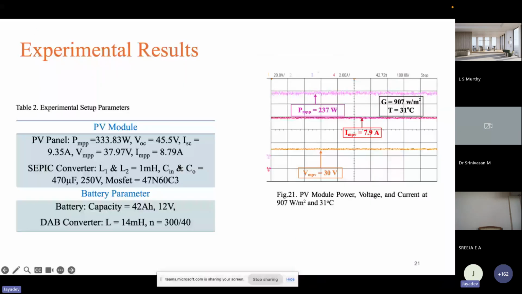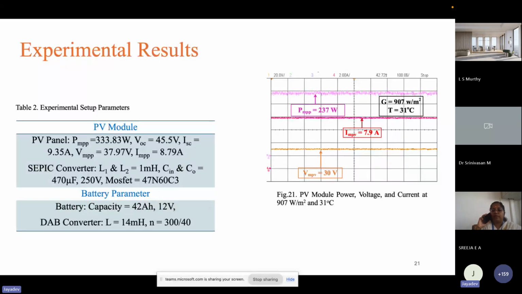And in this setup, we have also tested experimentally. We have a real-time rooftop solar panel installed, around 333 watt. At the time of testing, the irradiation was 907 watt per meter square, and the temperature was 31 degrees Celsius.